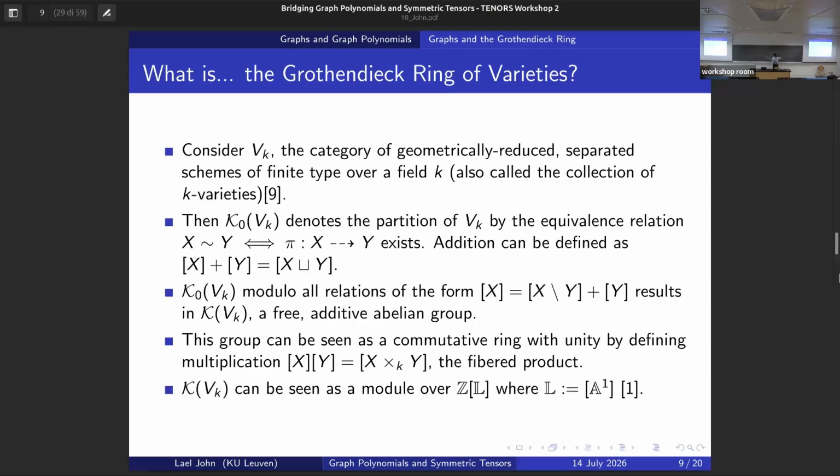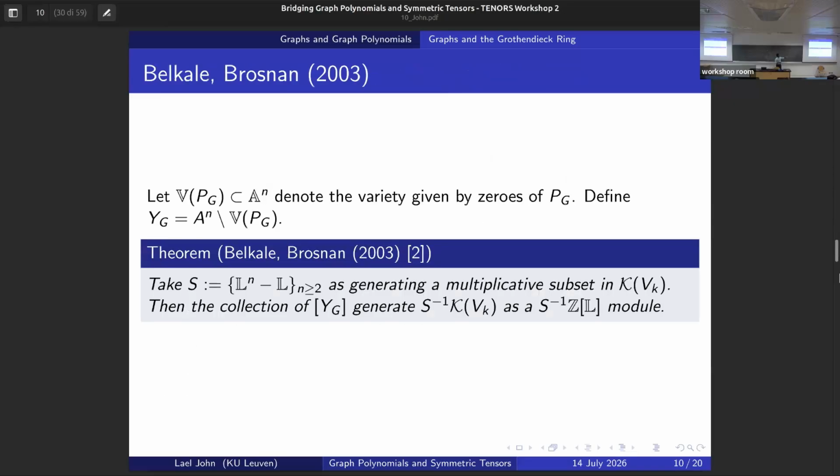KVK is a ring, so it's a module over Z, but it can be specifically seen as a module over Z[L]. And here L is the equivalence class of the affine line. For people familiar with motivic integration in the room, that is the Lefschetz motive, right?